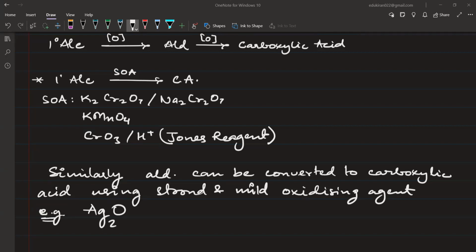If you have dilute nitric acid, okay, then that is also going to be a mild oxidizing agent.